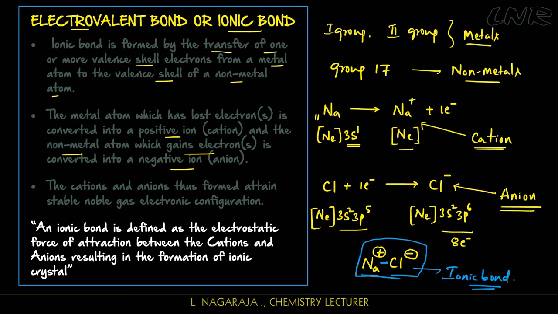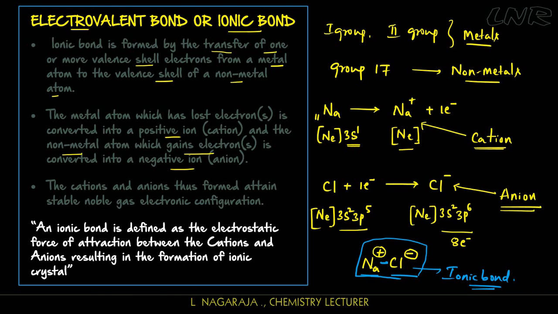Very simple concept. Ionic bonds are formed by the transfer of electrons from the valence shell of one atom to the valence shell of another atom. That is, generally the transfer of valence electrons from a metal atom to the valence shell of a non-metal atom.